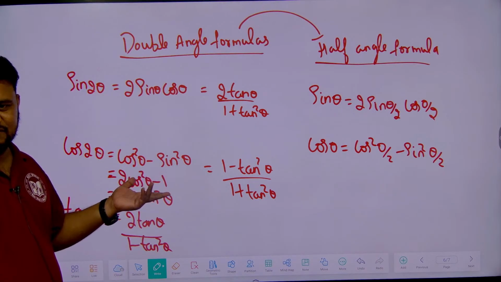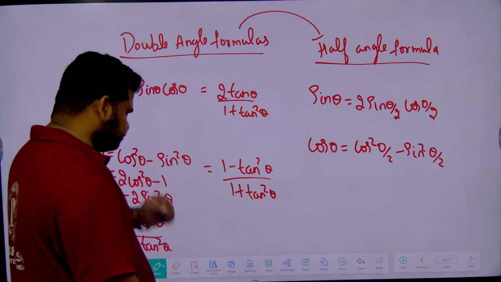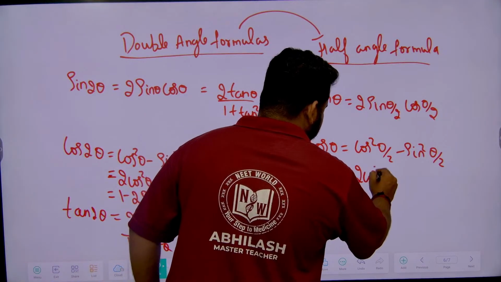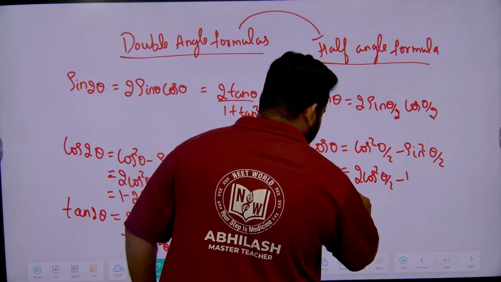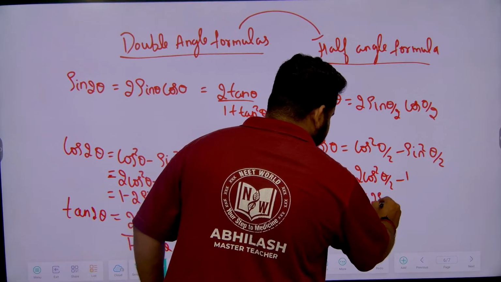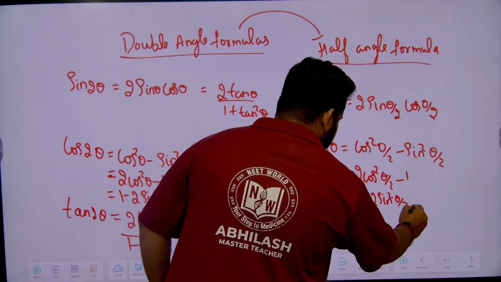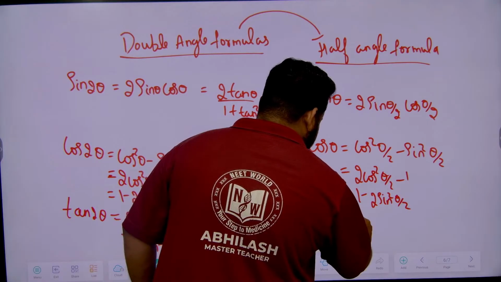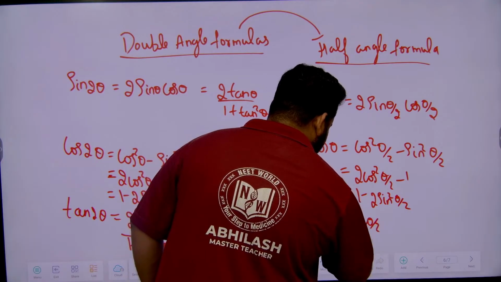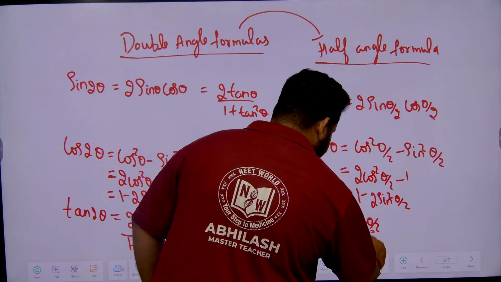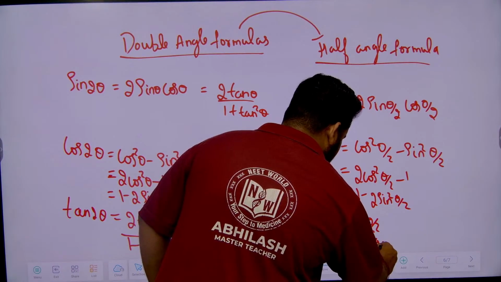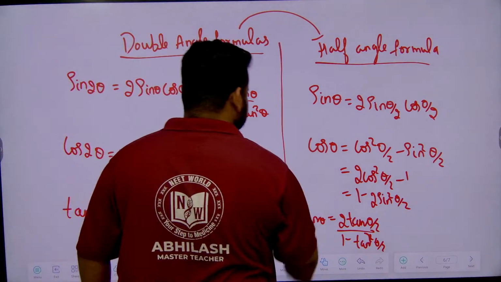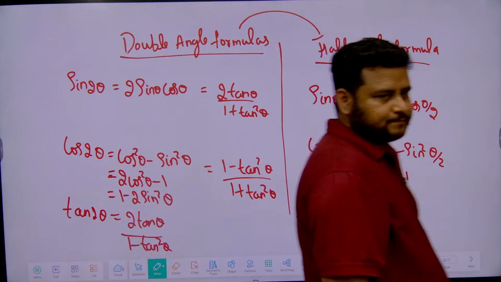Now this can also be written as 2 cos square theta by 2 minus 1, or 1 minus 2 sin square theta by 2. And tan theta can be written as 2 tan theta by 2 by 1 minus tan square theta by 2. Please make a note of both of these: double angle formula first, then half angle formula. Very important.